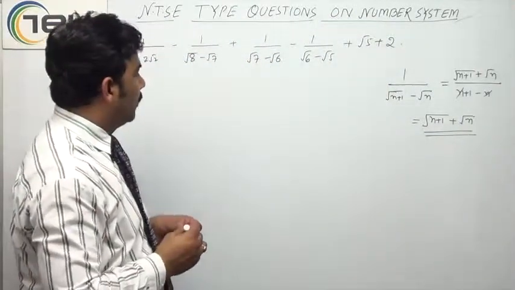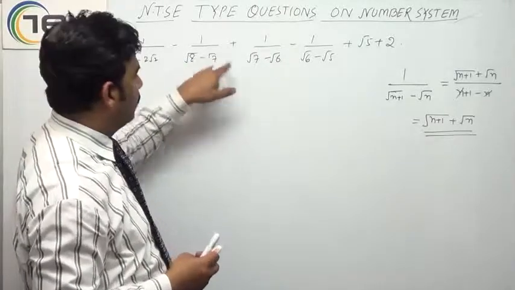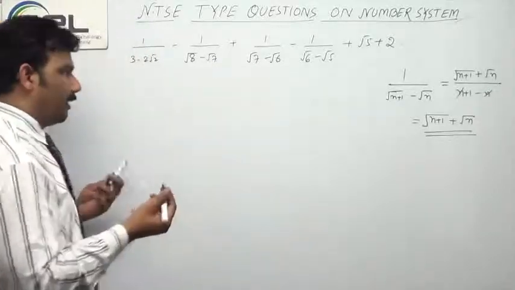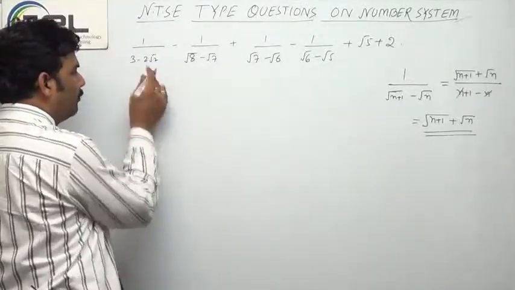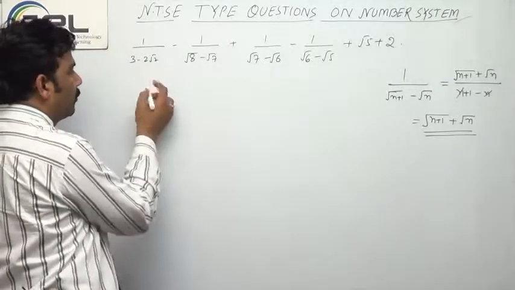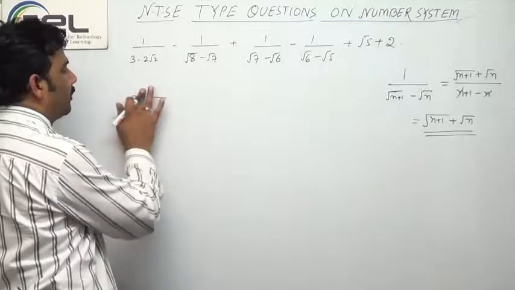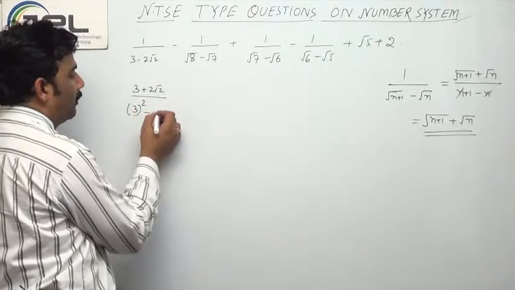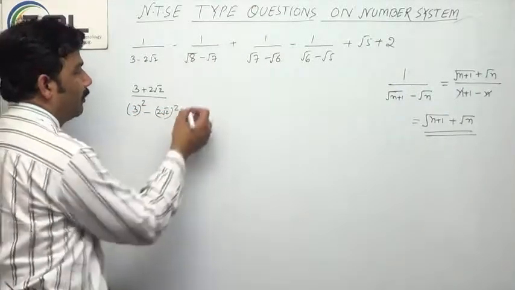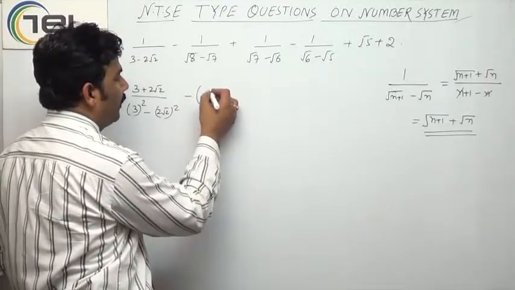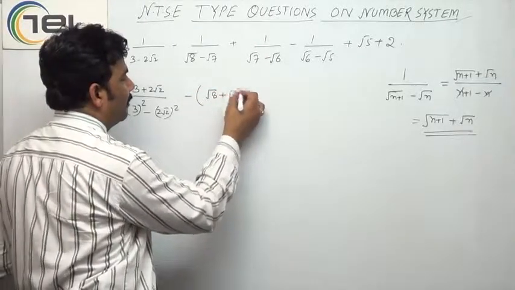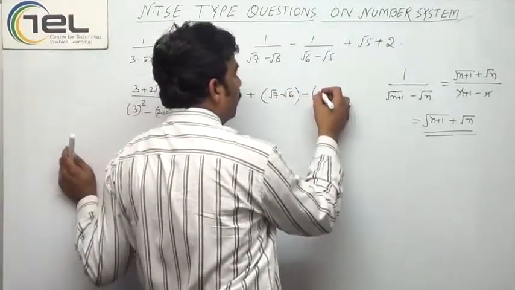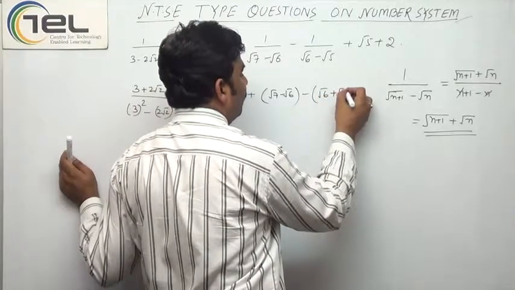Since 8, 7, 6, 5 are consecutive, directly I am writing out the numbers. I will just rationalize this one, it is 3 plus 2 root 2 upon 3 square minus 2 root 2 whole square, and here I will directly write root 8 plus root 7 plus root 7 minus root 6 minus root 6 plus root 5.